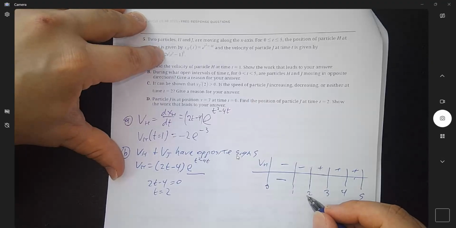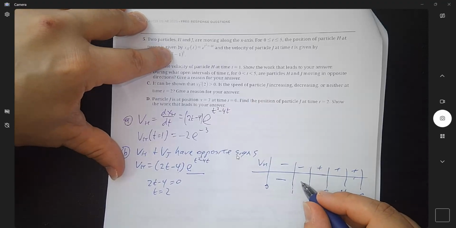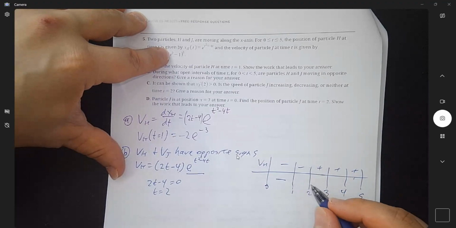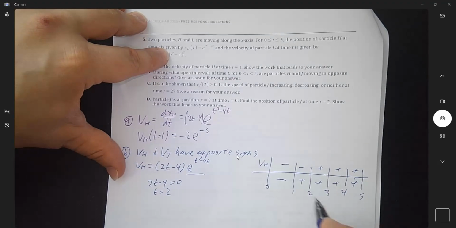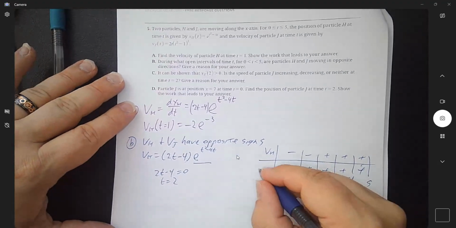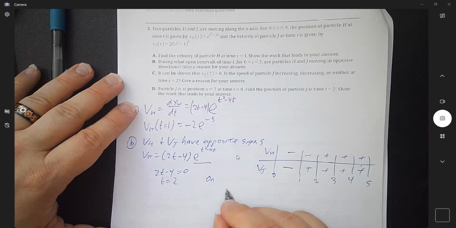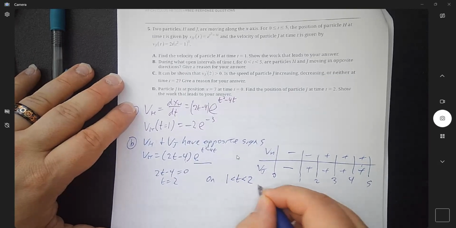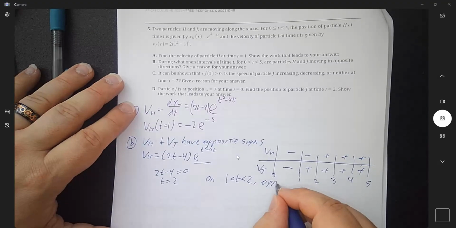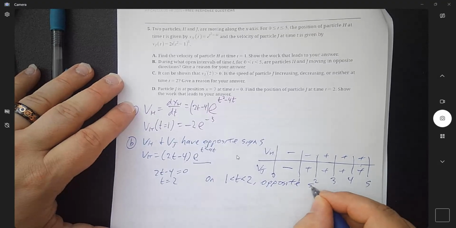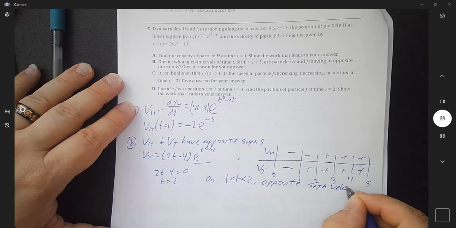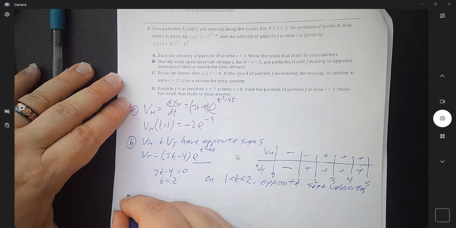And then 2t will be positive, and t squared minus 1 has to be positive because t is greater than 1. Positive, positive, positive, positive. So they're going to move in opposite directions on the interval 1 is less than t is less than 2. They have opposite sign velocities.